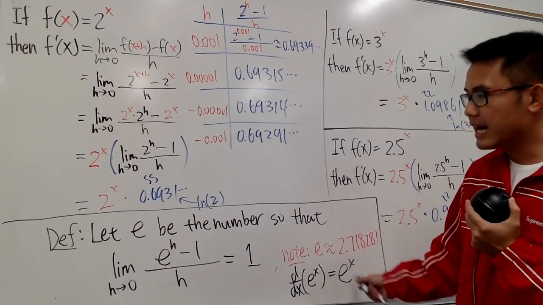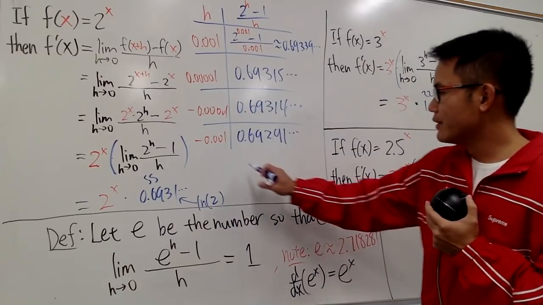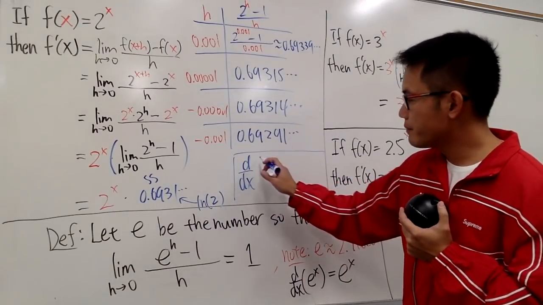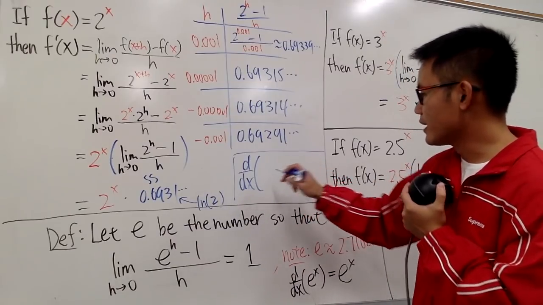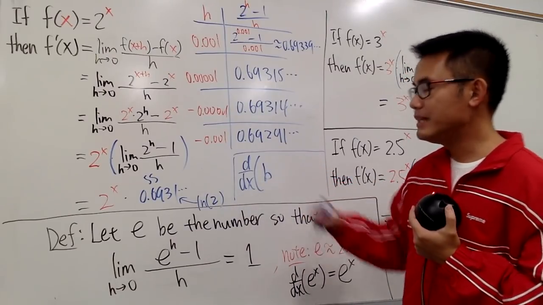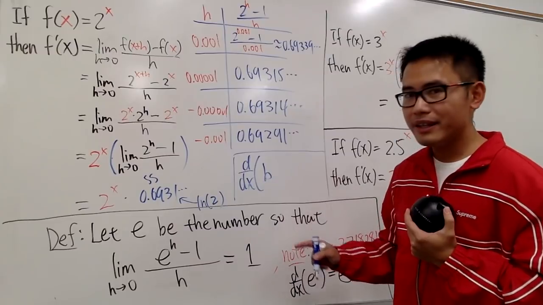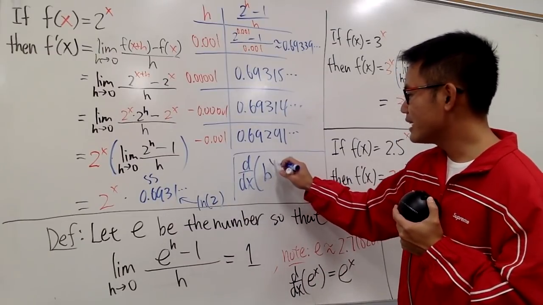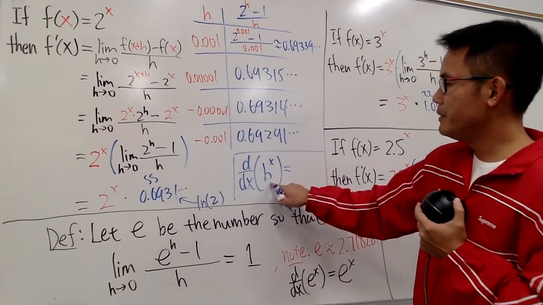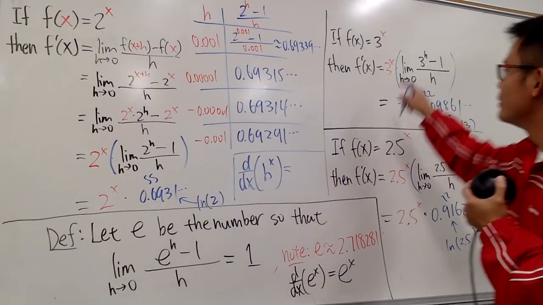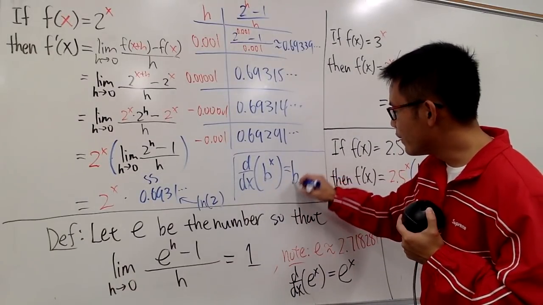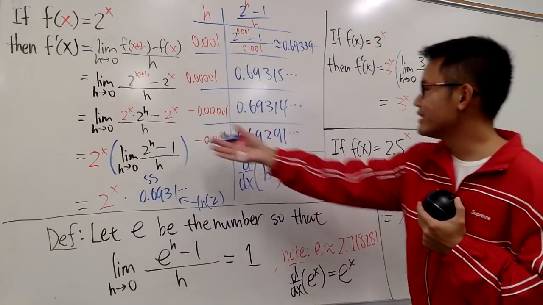If the base is not e, let me write this down. If we're differentiating a generic base b, but this b has to be legit, it cannot be 1 and it cannot be a negative number. Differentiating b to the x power, where b could be equal to 2, 3, 2.5, etc., the function part repeats, just like what we have seen.